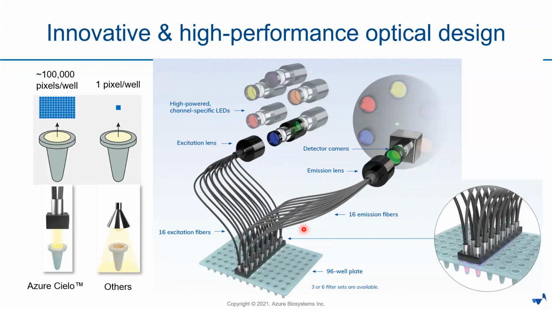There won't be signals that you didn't capture, and therefore you have higher sensitivity. More pixels are captured to get the data. One keynote here is that this design avoids the need for passive reference dyes such as ROX, because you do not need to normalize the differences between the optical path itself. So the data is what you get: what you get from the reaction is what the machine captures.